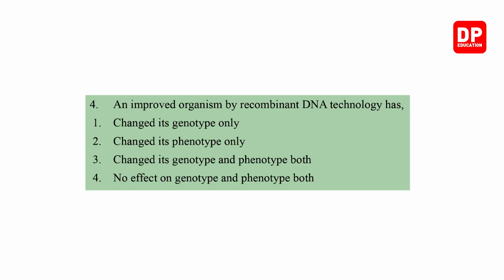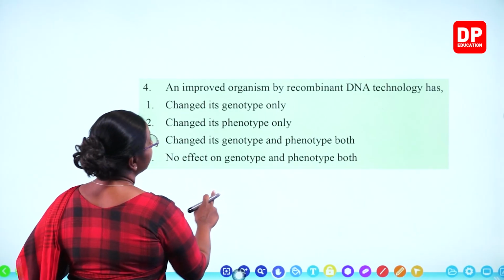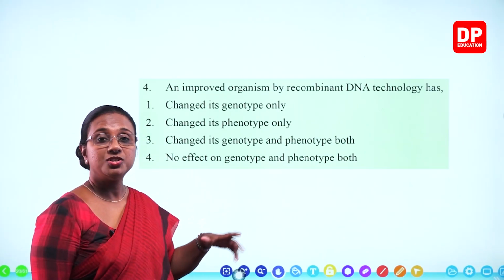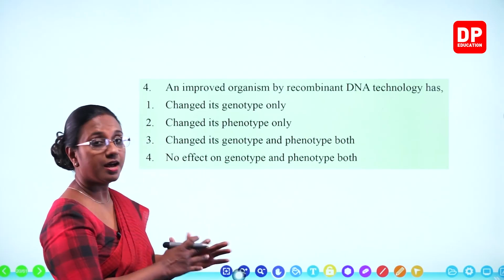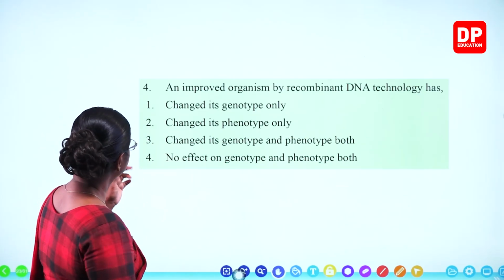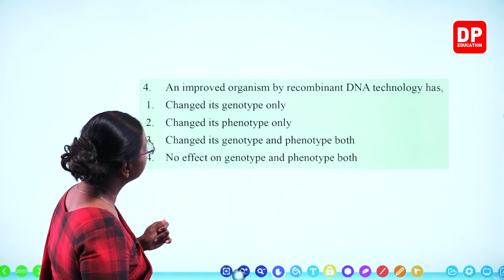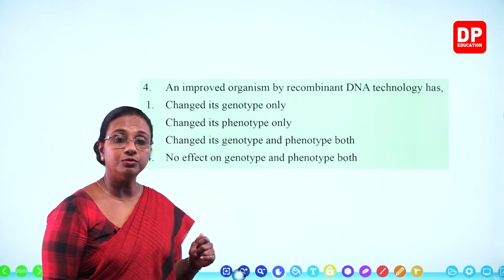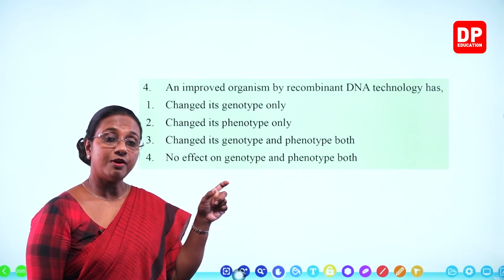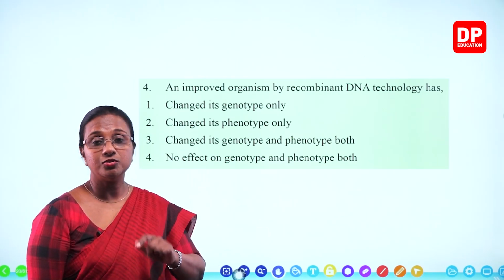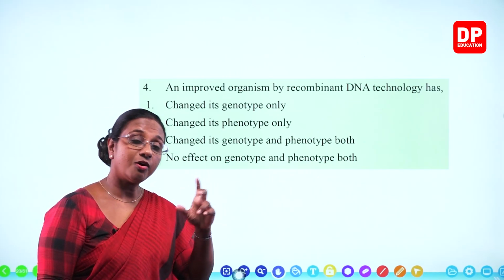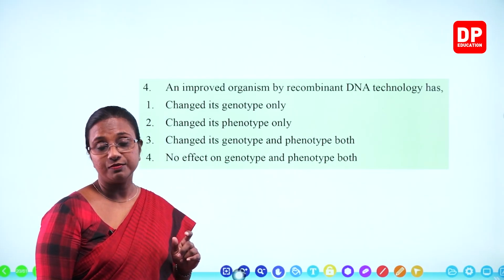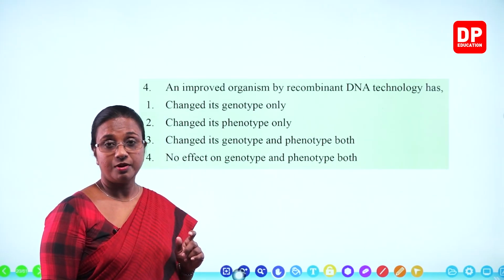Fourth one, an improved organism by recombinant DNA technology has. So here, of course, students, the MCQ type questions and long questions are mixed together. What do you do? You take a DNA from one organism and insert it into another organism, or you can remove a part of the chromosome from an organism.